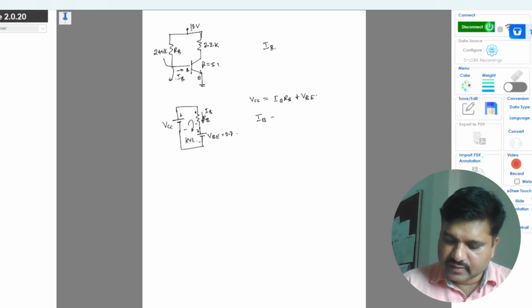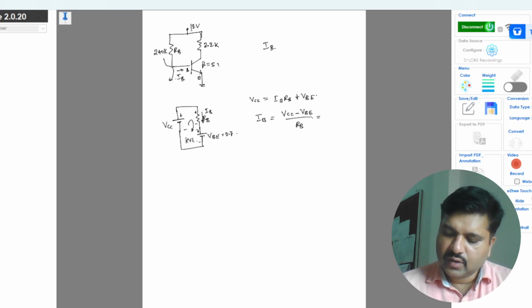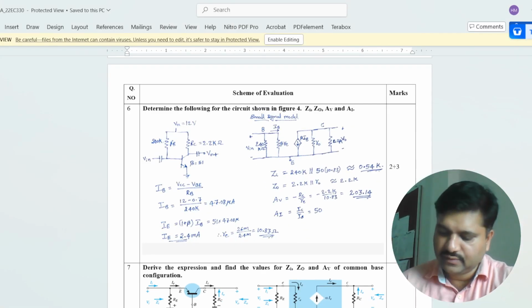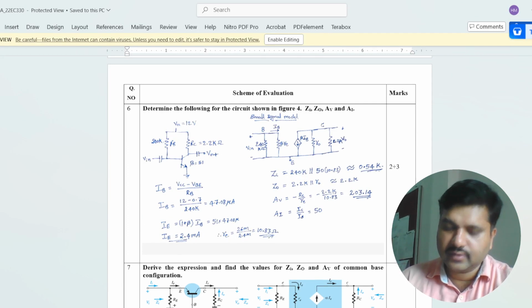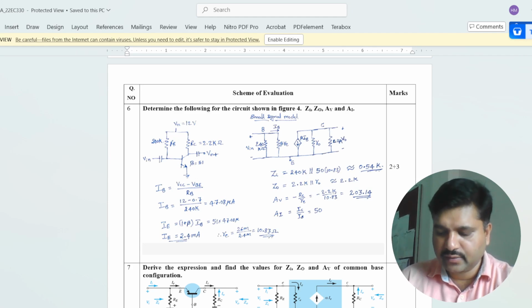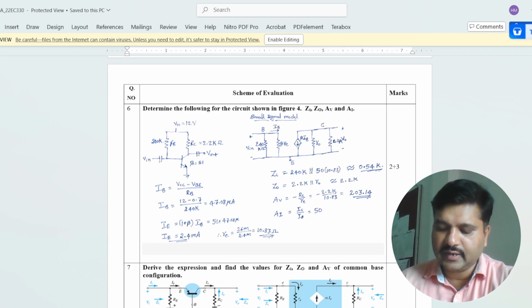So IB is equal to VCC minus VBE by RB. VCC is 12 volt, VBE is 0.7, and RB is 240 kilo ohm. Solving for this, you will get IB around 47.08 microamps.